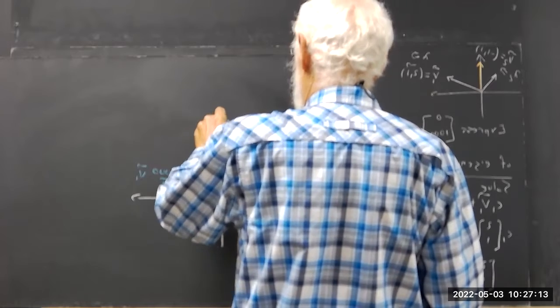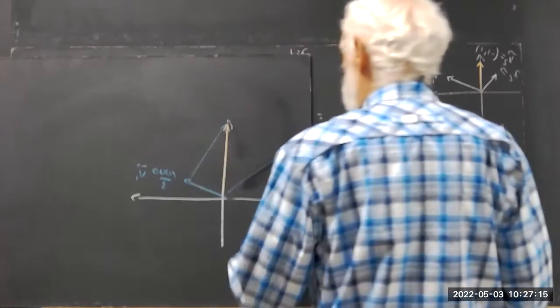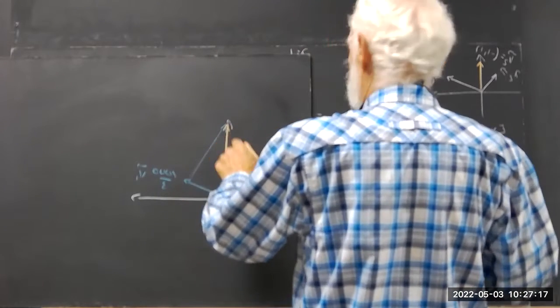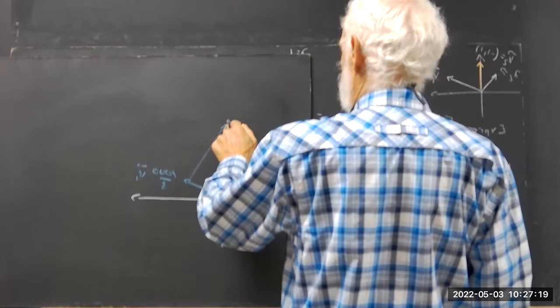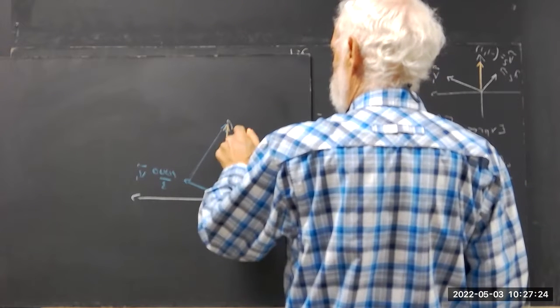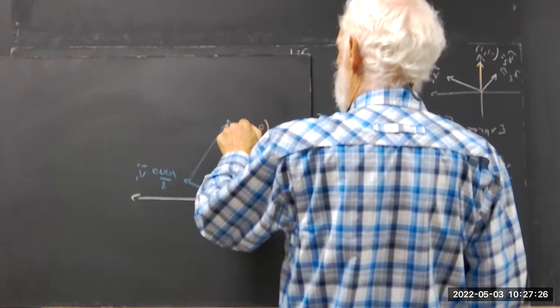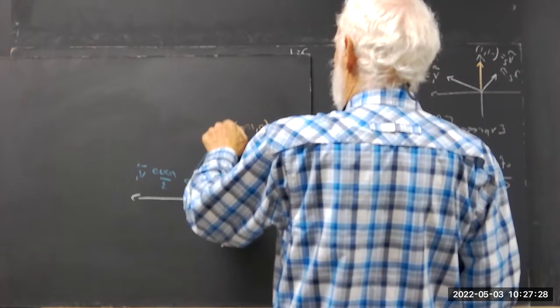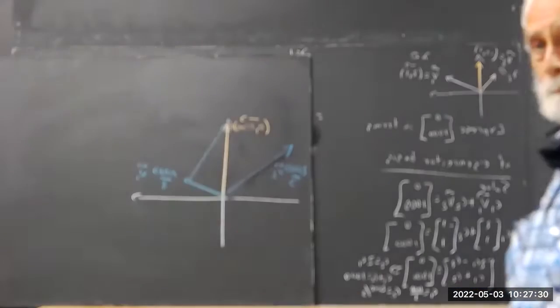So here I have my original vector, 0, 1,000.